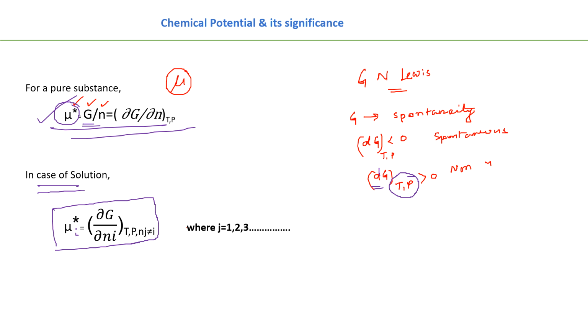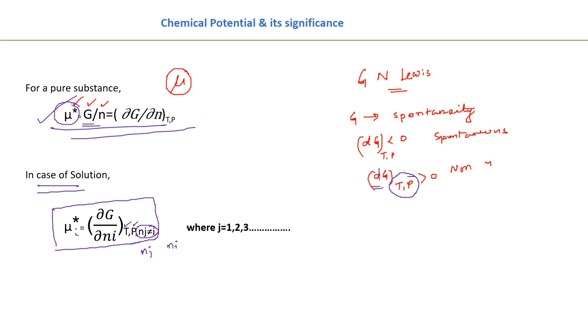And here the temperature and pressure should be constant, and the number of moles of the other components should be constant, right? Like in this case, Nj is one component, Ni is the other component.